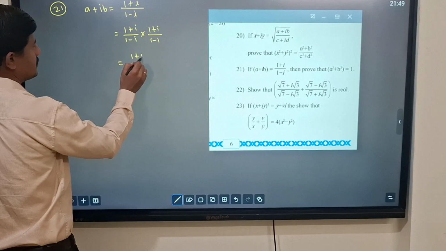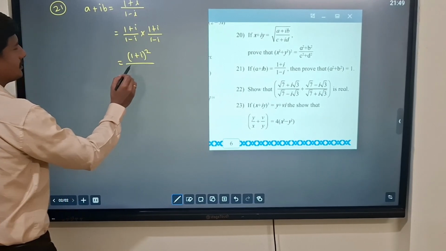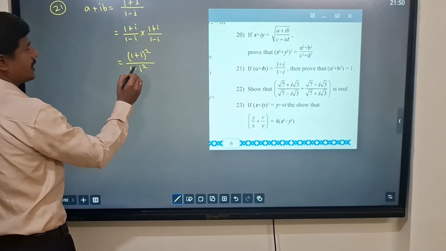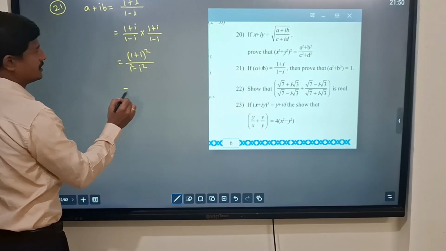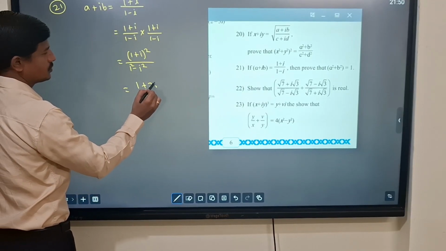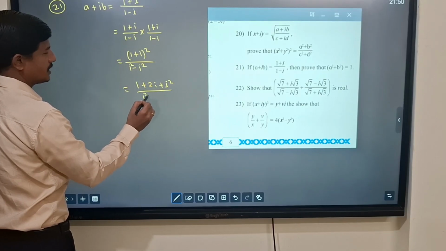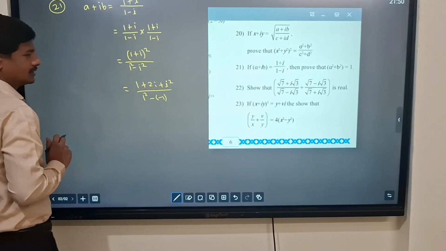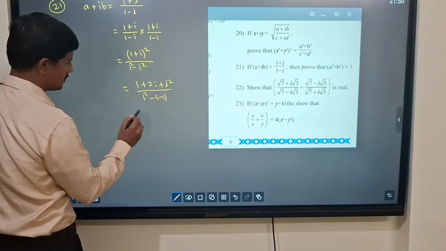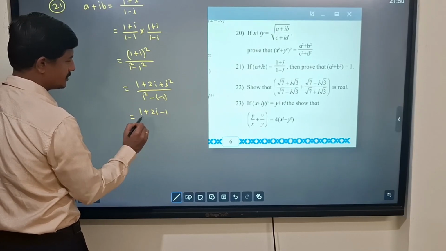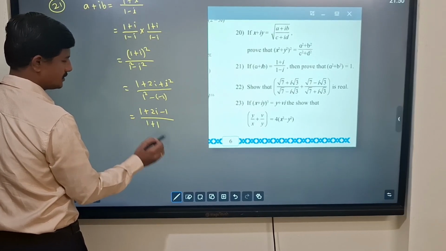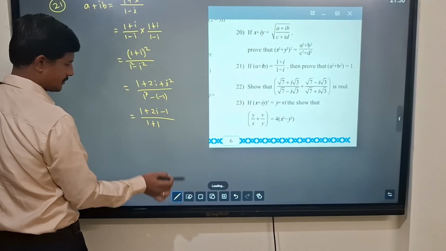So numerator becomes (1 plus i) whole square, upon this becomes 1 square minus i square. So numerator becomes 1 plus 2i plus i square, upon this becomes minus i square, because i square is minus 1. So this becomes (1 plus 2i minus 1) upon (1 plus 1).